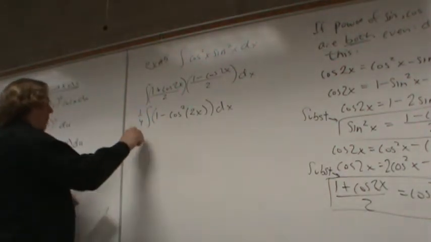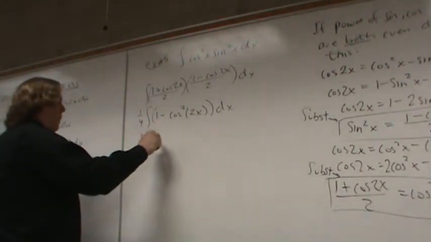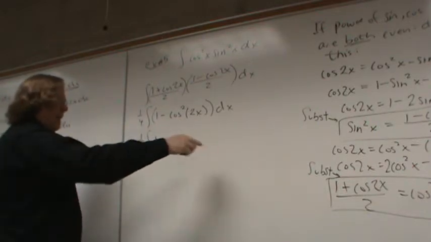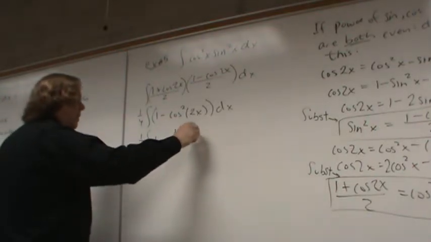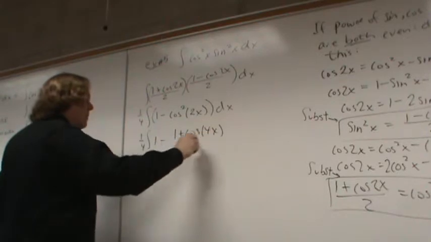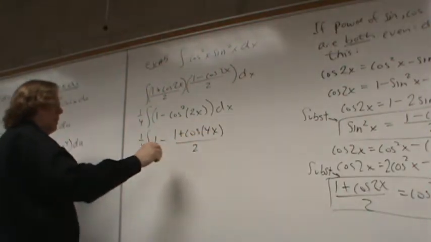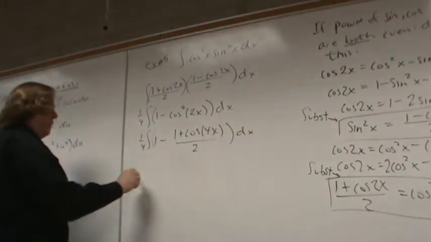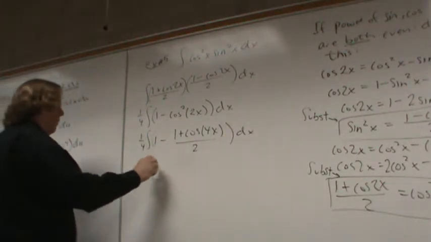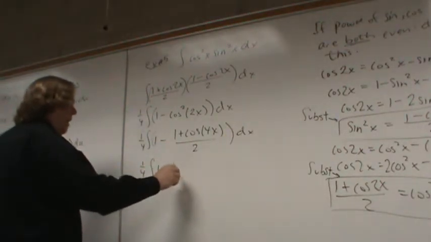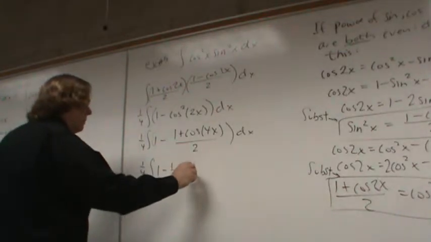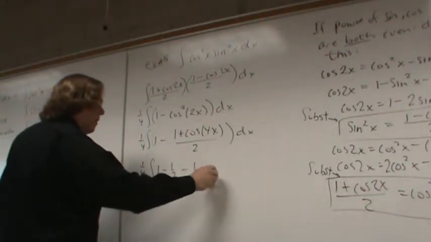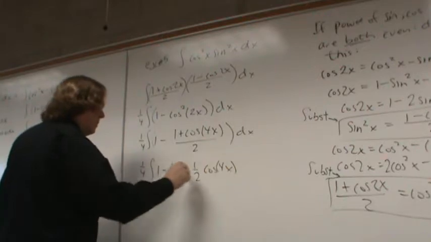So I get 1/4 times the integral of 1 minus that, 1 plus cosine of 4x over 2, dx. And so I get 1/4 times the integral of 1 minus 1/2 minus 1/2 cosine 4x.